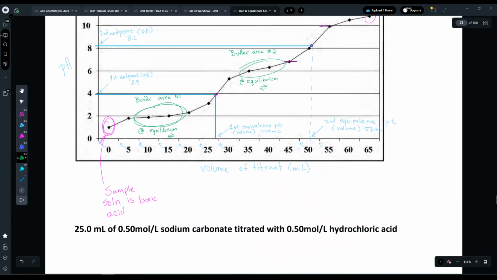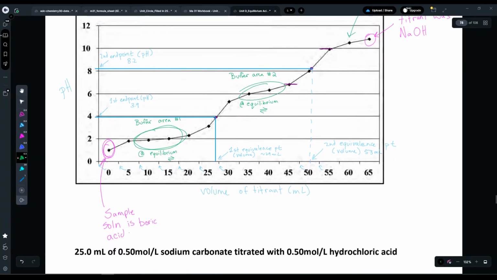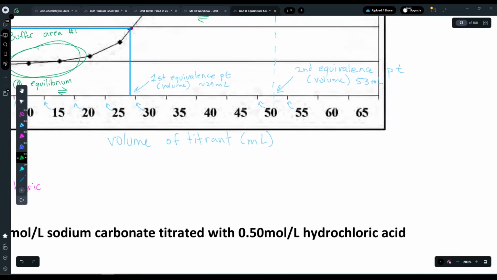Now in between our first equivalence point volume and our second one, the volume to get to the second equivalence point will roughly be twice that of the first equivalence point volume.